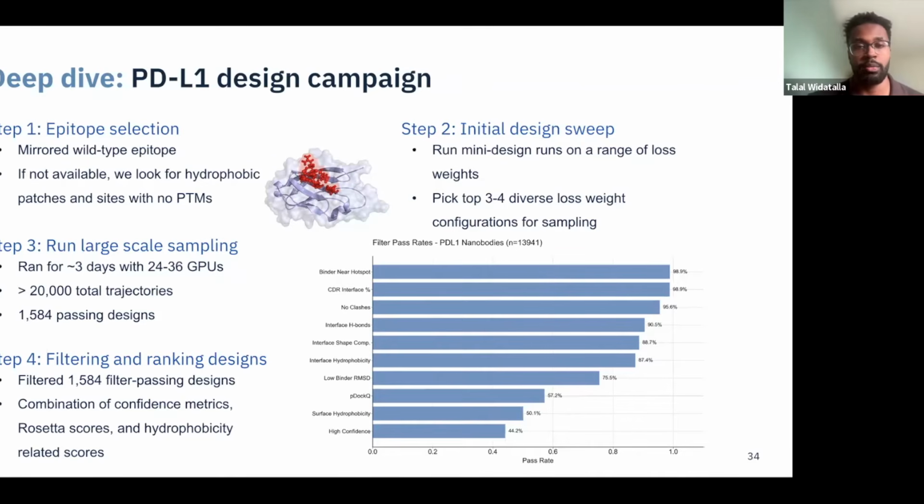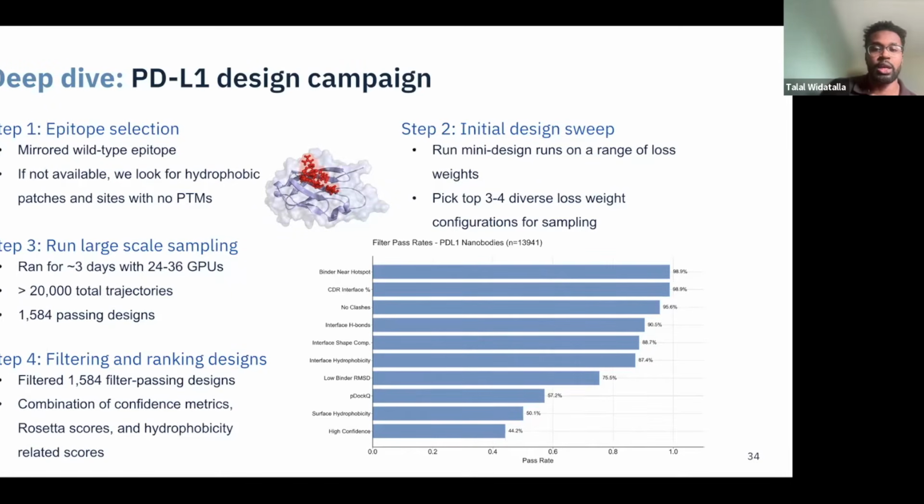If not available, this is actually advice from Martin's Boston protein design talk: we look for hydrophobic patches as epitopes. Additionally, sites with no PTMs, because if there's a PTM and it's not being modeled with AlphaFold, then that's not actually the hotspot they'll be binding in practice in the lab.